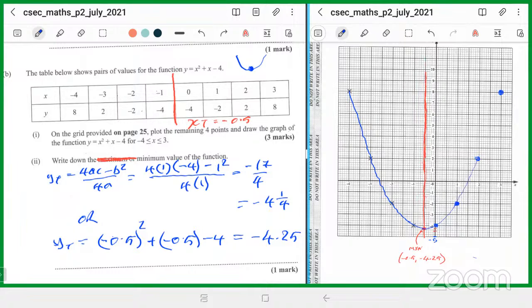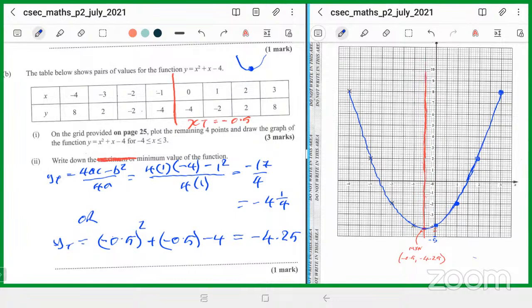Don't use any ruler, draw it freehand like that. All right, as best as I can. Practice it, and you'll be able to do it easily. Let's practice it.